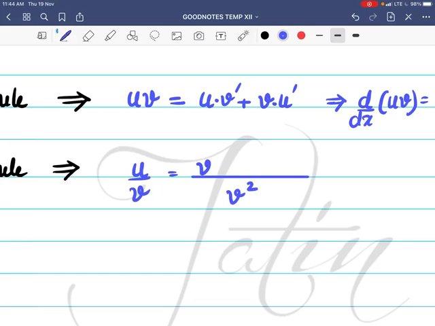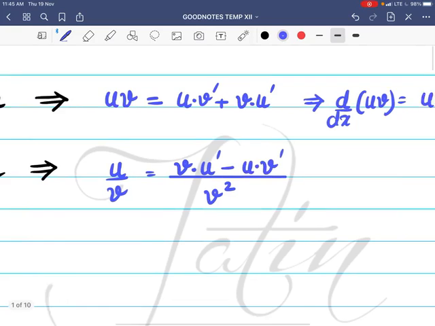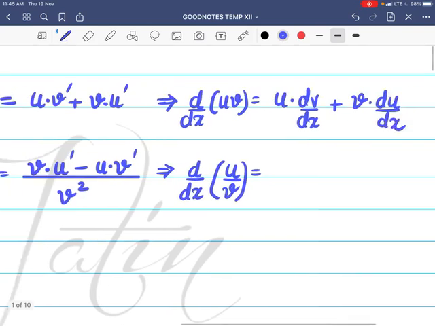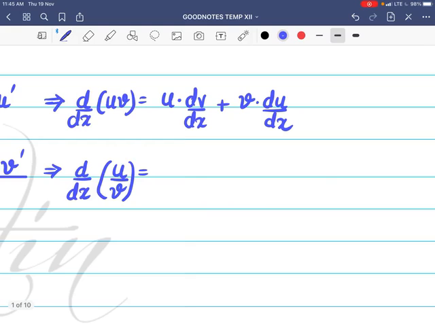Next it will be v into u dash, that is, second function into differentiation of first, minus u into differentiation of v. Or we can also write this in another form, that is, if we have to find d by dx of u by v, it can be written as the square of the second function in the denominator, that is v square.